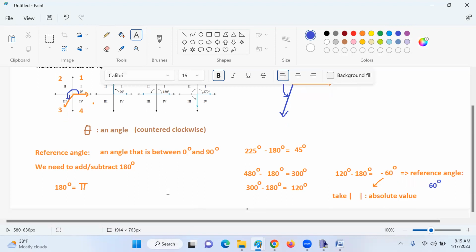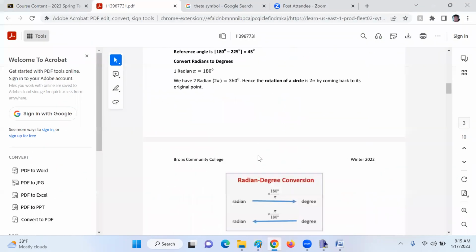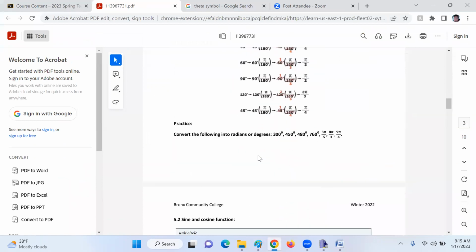The reference angle is really important because if you want to take a sine or cosine and the angle is getting really big, the reference angle is really helpful. But since we have a calculator, it doesn't matter much.